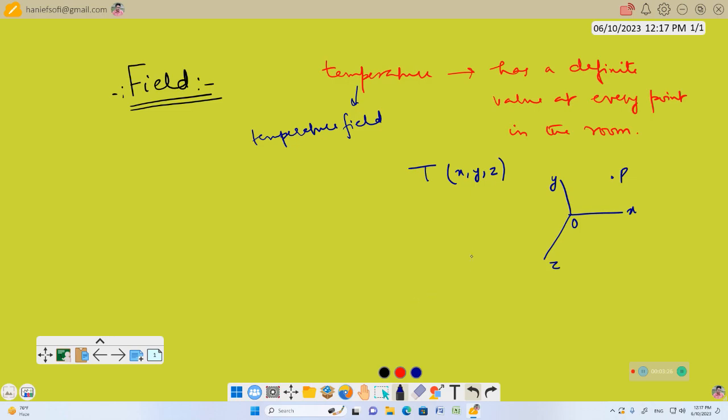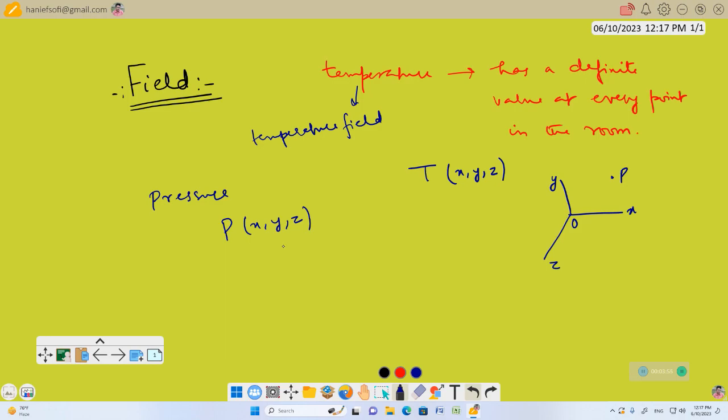Similarly, we can talk of pressure field. Pressure in the room has a definite value at every point in the room. So simply you can express this pressure as a function of position. Then you can find some mathematical function which gives the dependence of pressure on position, or you could use the graph.